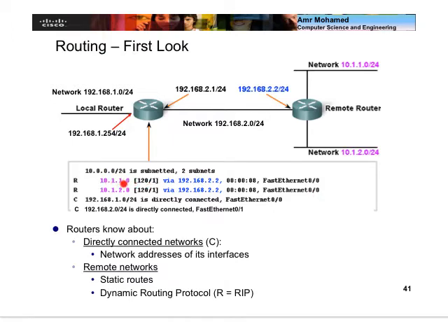Which means that it will say, okay, if you want to reach a destination address of 10.1.1.0, which is this one, any host on this network, so any host will have a number in place of the last zero, 2, 3, 4, whatever, you can go via the interface that has the address 192.168.2.2, and you have to spend only one hop to get there.